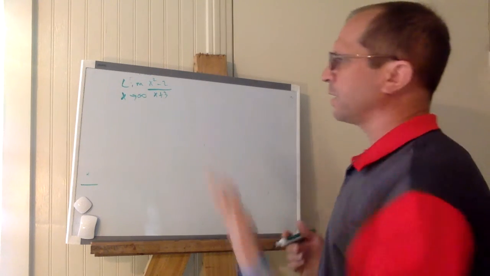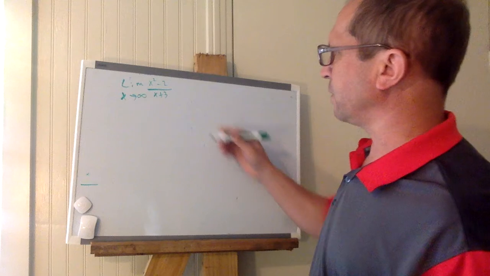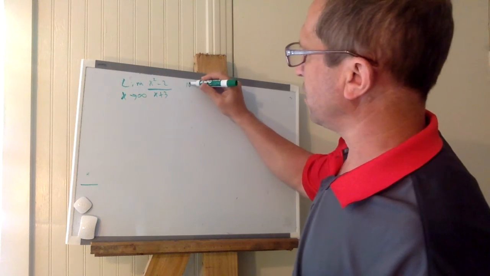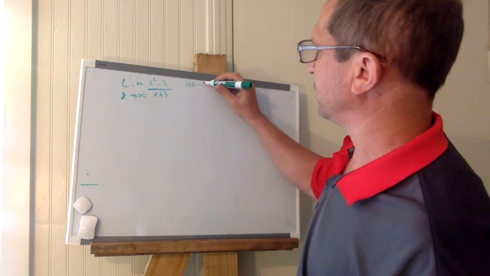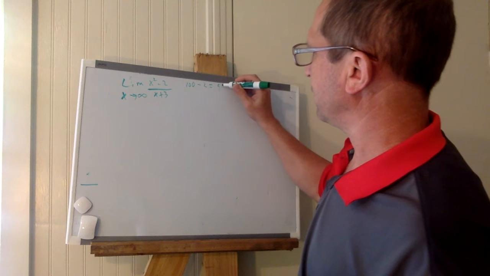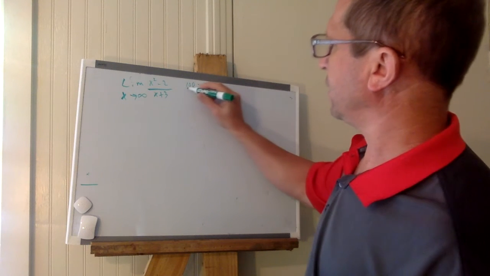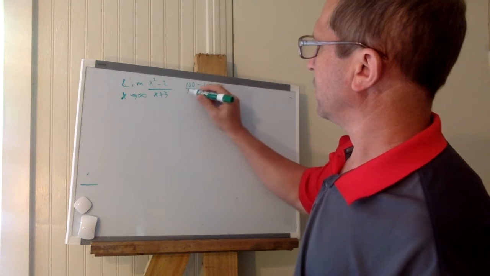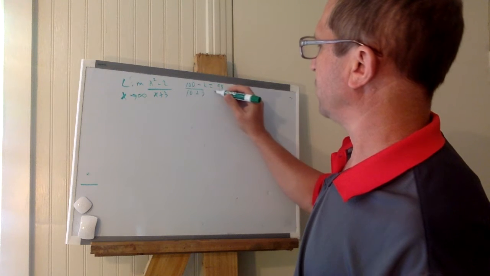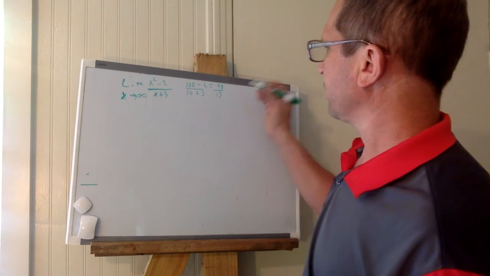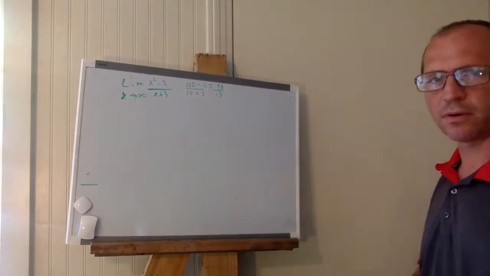But let's just pick a number like 10. We get 100 minus 2, which is 98, and then 10 plus 3, which is 13. So you've got 98 divided by 13.